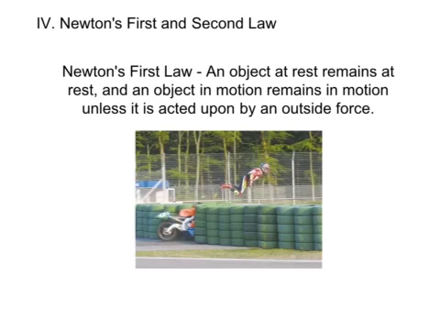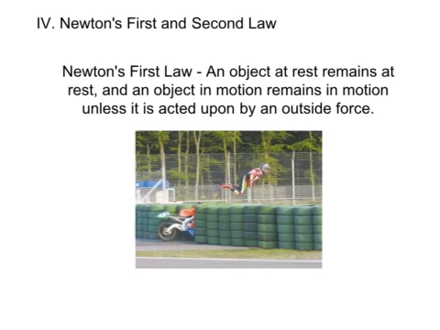Okay, so now let's talk specifically about Newton's first and second law. Newton's first law states that an object at rest remains at rest, an object in motion remains in motion unless it's acted upon by an outside force. Like in this picture here, we can see this motorcyclist had been moving. A force was exerted upon him, but because of his inertia, he continues moving. He's no longer attached to the motorcycle.